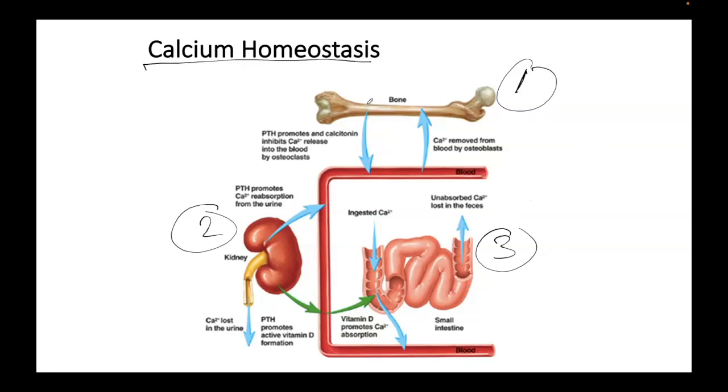If you look at the arrows here, we have calcium that can be stored in bone or can be pulled out of bone. So you can have calcium from your blood going into the bone to be stored, or you can have calcium from bone that's being broken down and pulled out into the blood. It could be both ways.